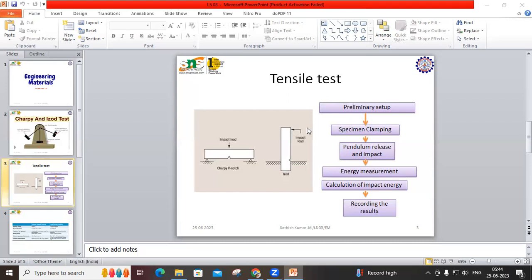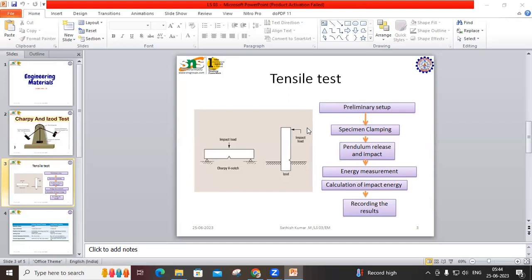Next comes specimen clamping. The specimen is securely clamped in a vertical position using the specified clamping system. The notch of the specimen should face the pendulum. That is very important. If you keep the notch on the opposite side of the pendulum, then you are doing a wrong impact test and it will usually damage the system.